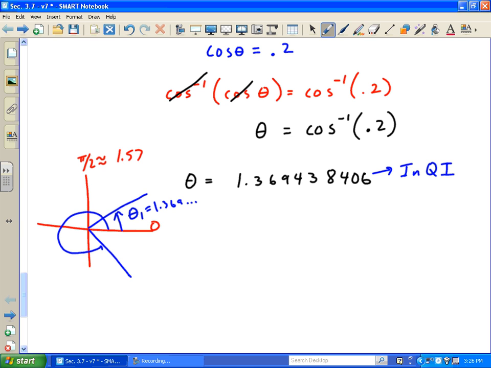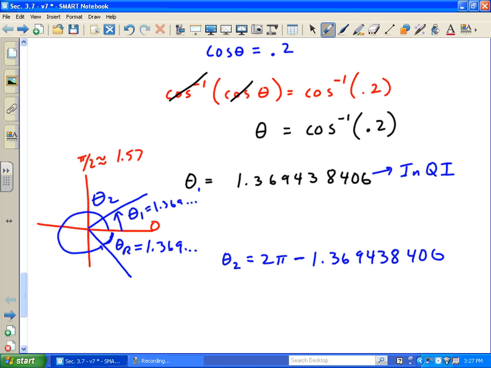We still know that the reference angle in here is 1.369, and so to figure out that second answer, we can take 2 pi and subtract the value that we just got, 1.369438406.